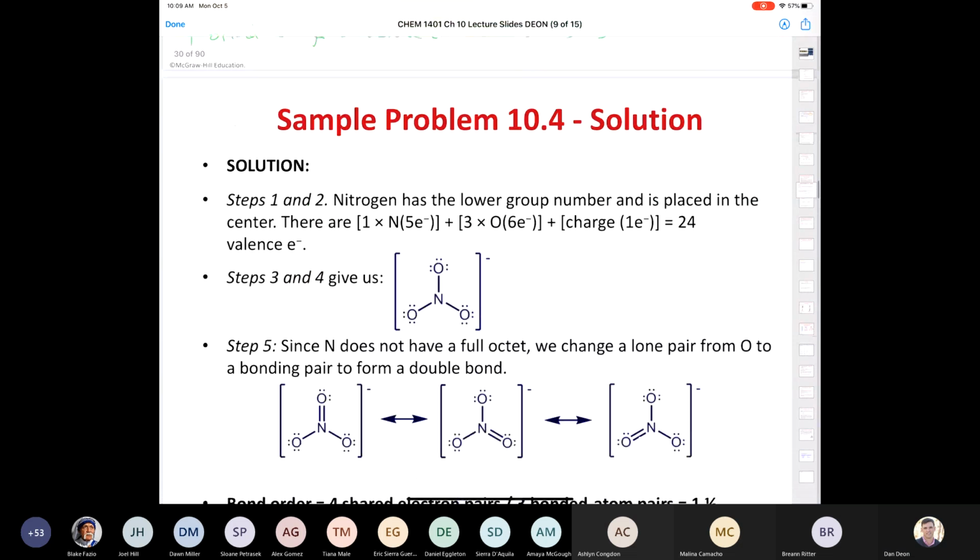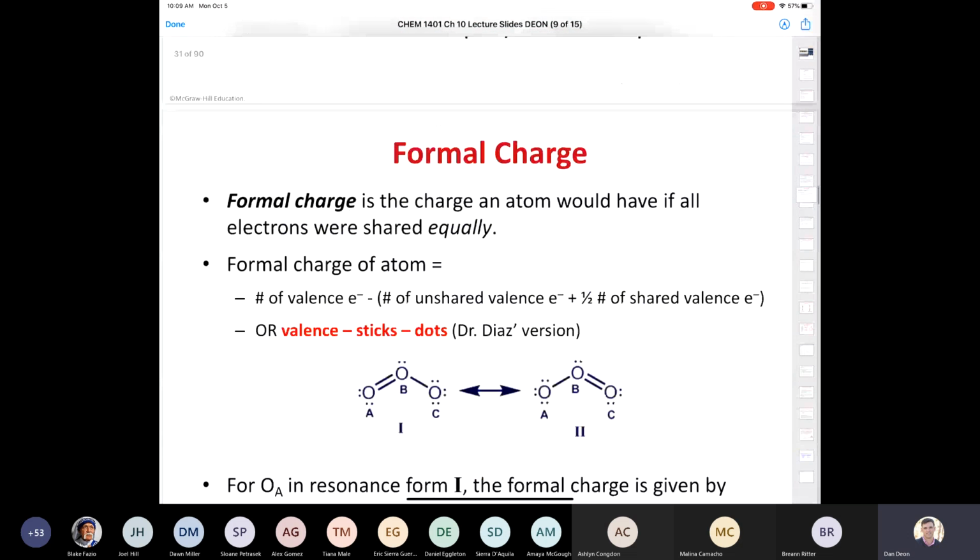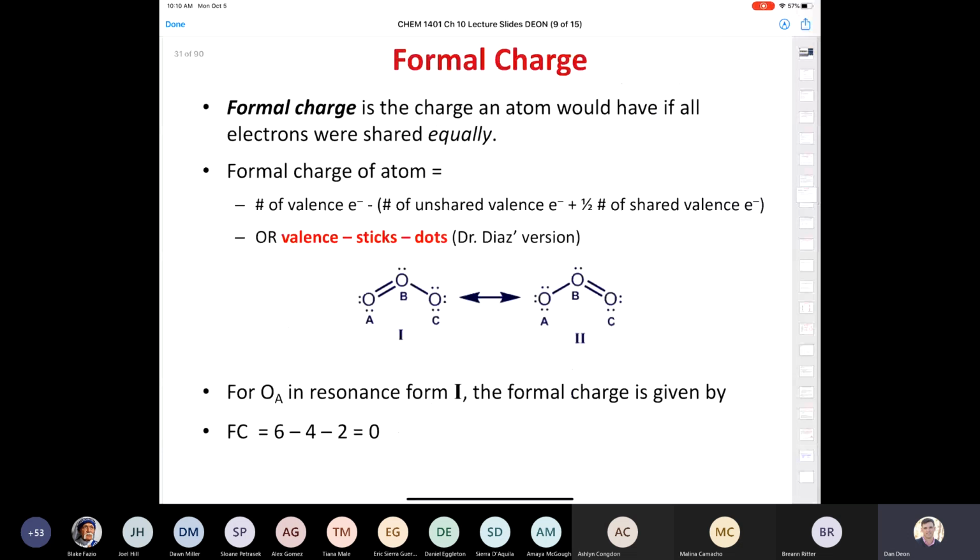Okay. Here's the solution. Now, good news is I've already taught you formal charge. In fact, we went over it last lecture. We've gone over it today. So you know how to calculate formal charge. And I told you that this is the Dr. Diaz version, the old fixed minus dots, but hey, it works really, really well.